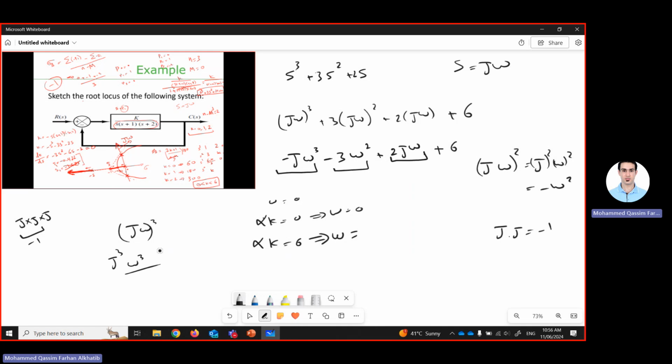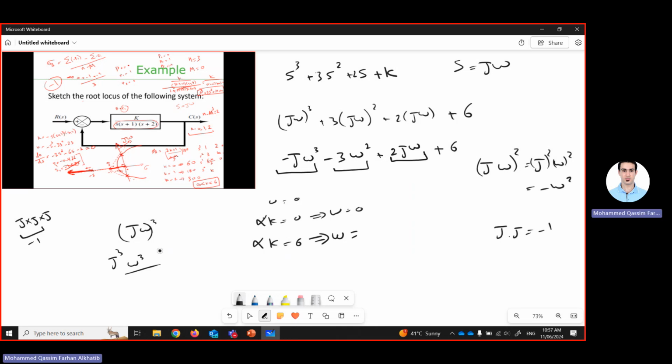Okay, the transfer function was s cube plus k. We tried the cases when k equals 0. We reached a dead end. We did not get any information.